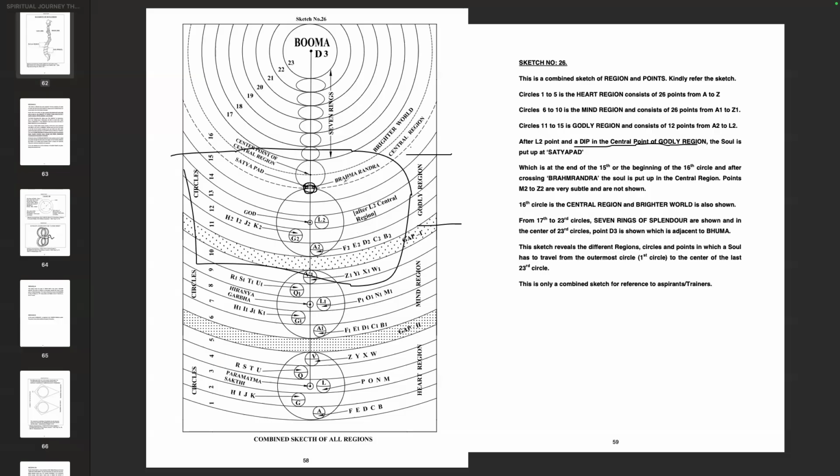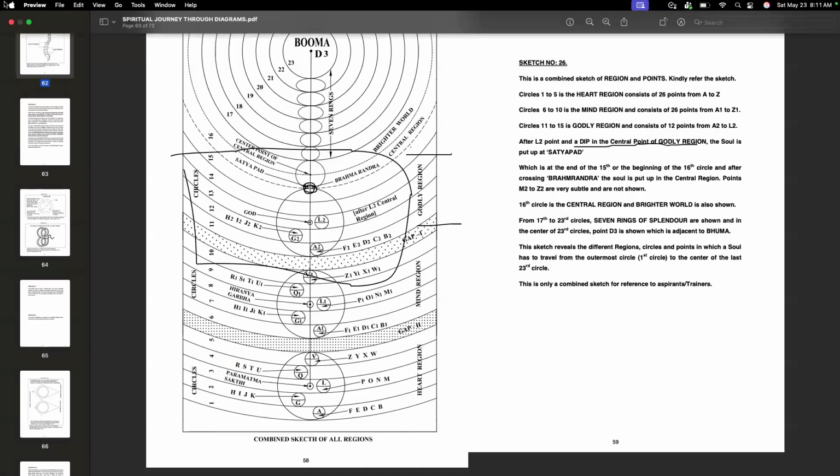This is another representation of this whole spiritual anatomy in Babuji's words, correct? So we will go through it. I just wanted to have a glimpse of this diagram, right? Okay.